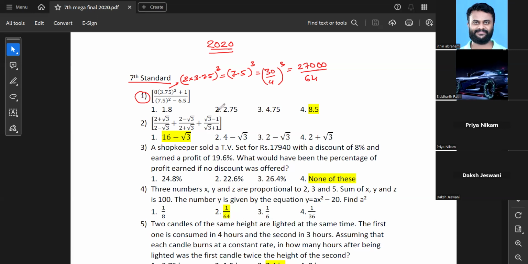Okay. Just a minute. So you can further simplify 27,000 by 64.